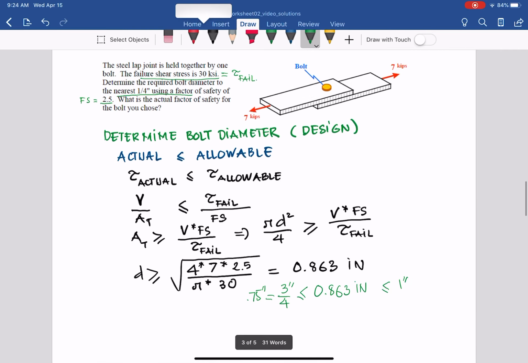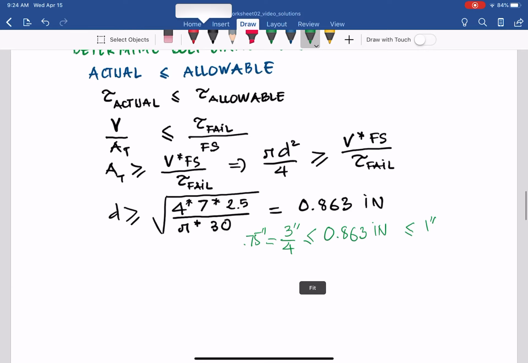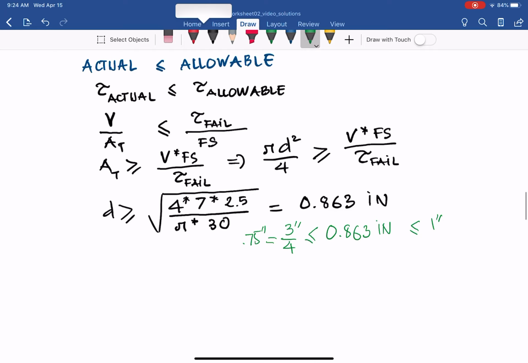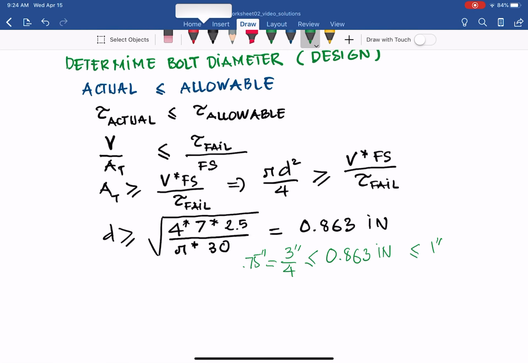You cannot go back lower. You cannot choose 3/4 inches, because that makes your factor of safety less. You have to jump up. On the safe side of design, you have to jump a little bit up. In this case, the nearest will be 1.